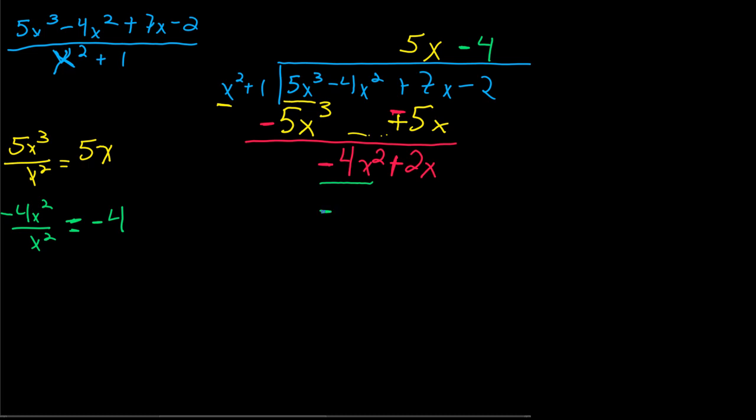So I get negative 4x squared minus 4 as it comes through each term. I'm going to subtract. So these signs change. This becomes positive, this becomes positive. And for completeness, I'll bring down the negative 2. I'll bring everything down.